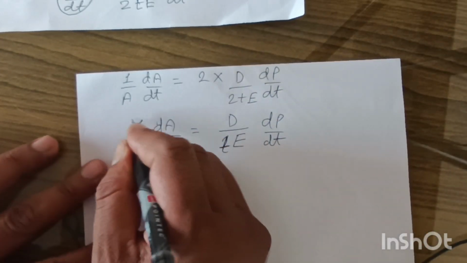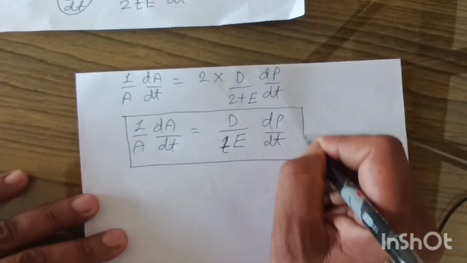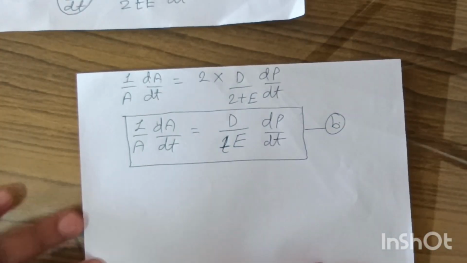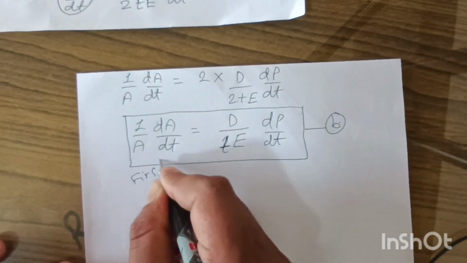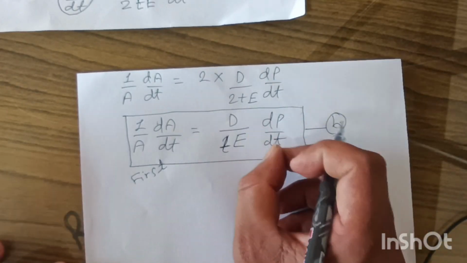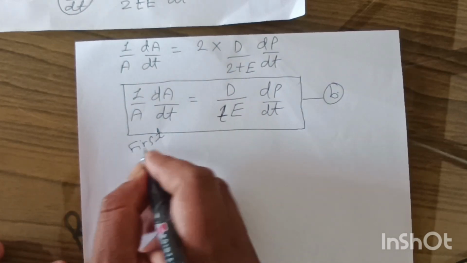This is our first term. Let's term this as local equation number B. We have got the first term in terms of the change in pressure with respect to time. Again now let's go to find out the second term.